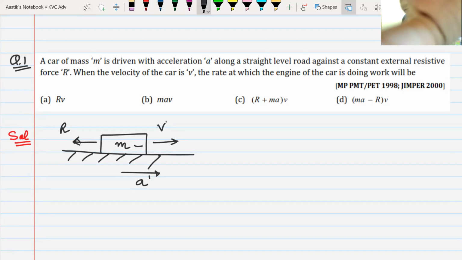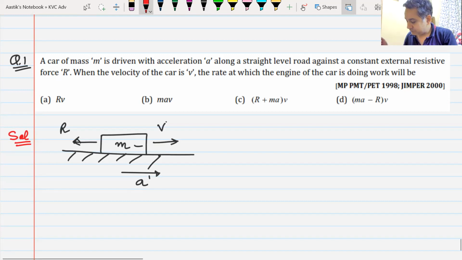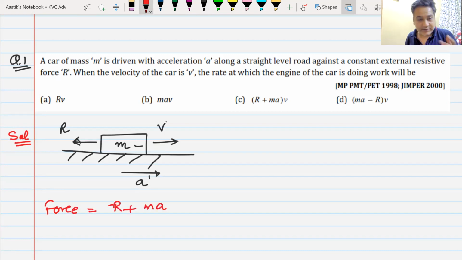If the engine is giving you an acceleration a and the resistive force is r, what force is the engine giving you? That will be equal to r plus ma, not ma minus r, because it has to overcome the resistive force and also give you an acceleration.